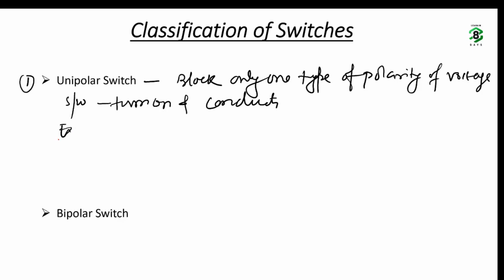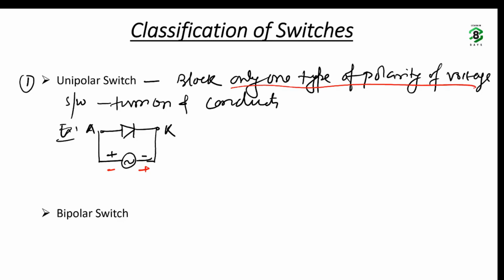For example, in case of a diode, if the nature of supply is such that the anode becomes forward biased, then the diode will turn on. But if the supply reverses, that is, the anode becomes negative and cathode becomes positive, then the device will not conduct. So it is blocking one type of polarity of voltage.